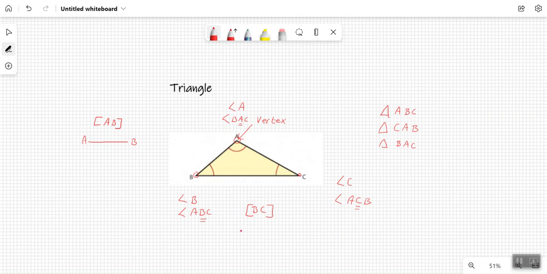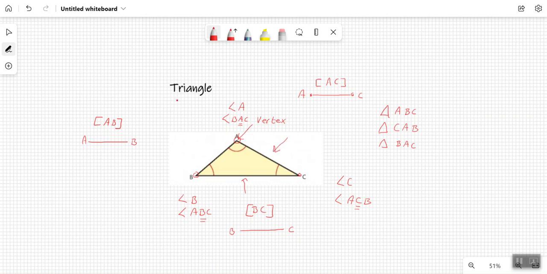If you were to draw a line, it starts at B and it ends at C. And then you have this last line segment here, AC. That's the line segment AC, so it starts at A and it goes to C.